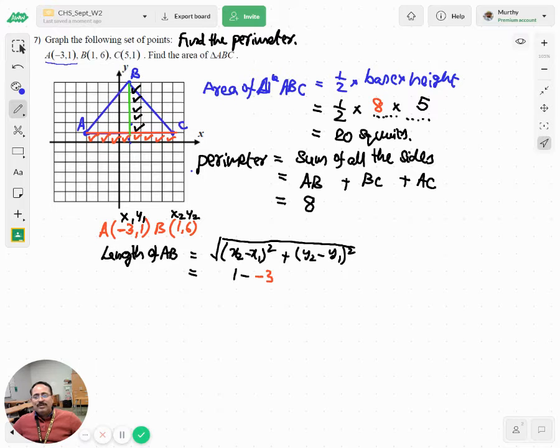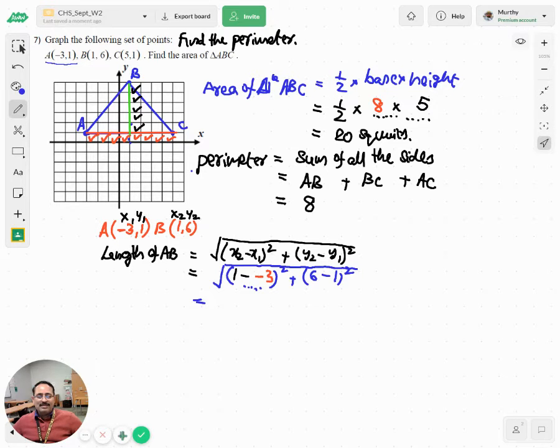Honestly, most of the time I don't make mistakes, but if at all I make a mistake, it is with the negative sign. So please be careful with the negative values. Now y2, which is 6, and y1, which is 1, whole square, and the entire part is under the square root.